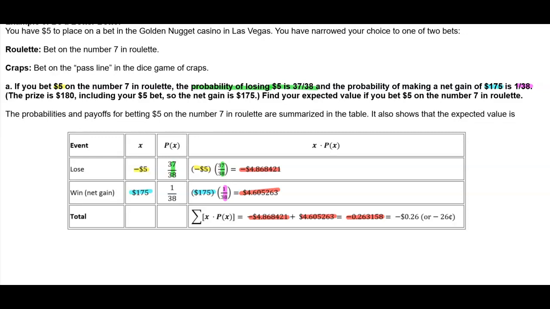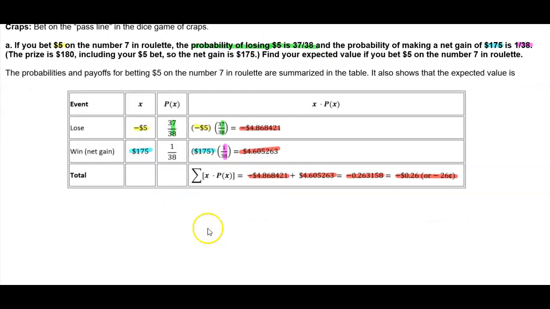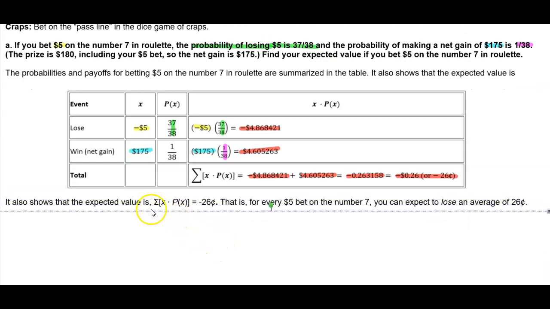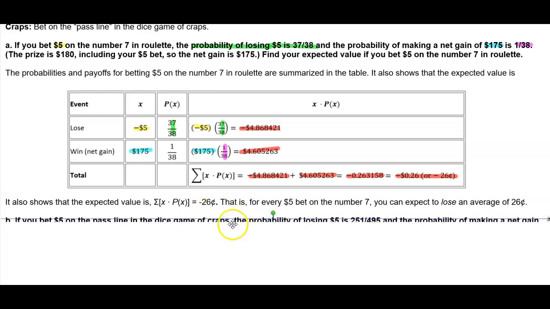So we can either say that it's negative 0.26 or negative 26 cents. Okay, so it also shows that the expected value in this case is going to be negative 26 cents. And that is, for every $5 bet on the number 7, you can expect to lose on average 26 cents.